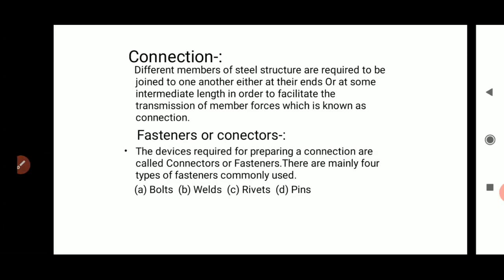In steel structures there are 4 types of fasteners used for making the connection between the members. The first is bolts, the second is weld, the third is rivet, and the fourth is pin.